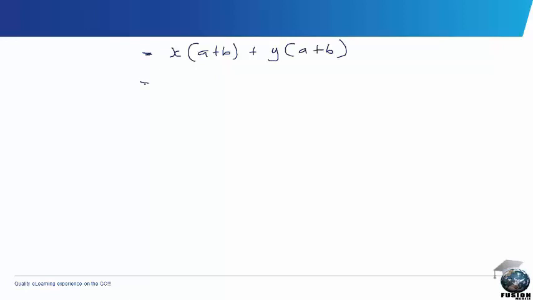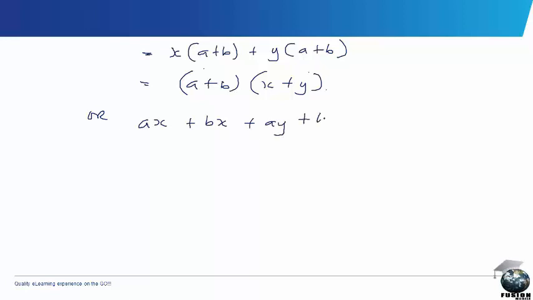Alright, and in the next line you find out that a plus b is common, so we can pick it out as a like term, and then we have x and y left together. But you can as well group them differently, since you are given ax plus bx plus ay plus by.